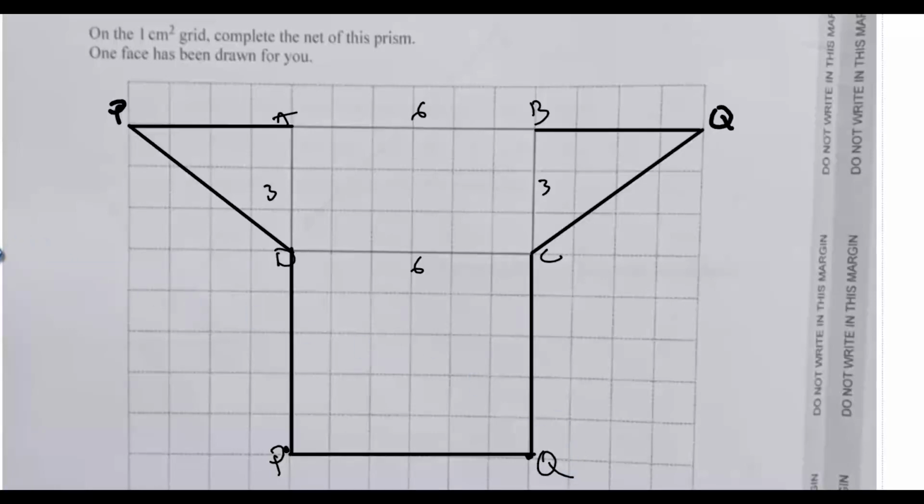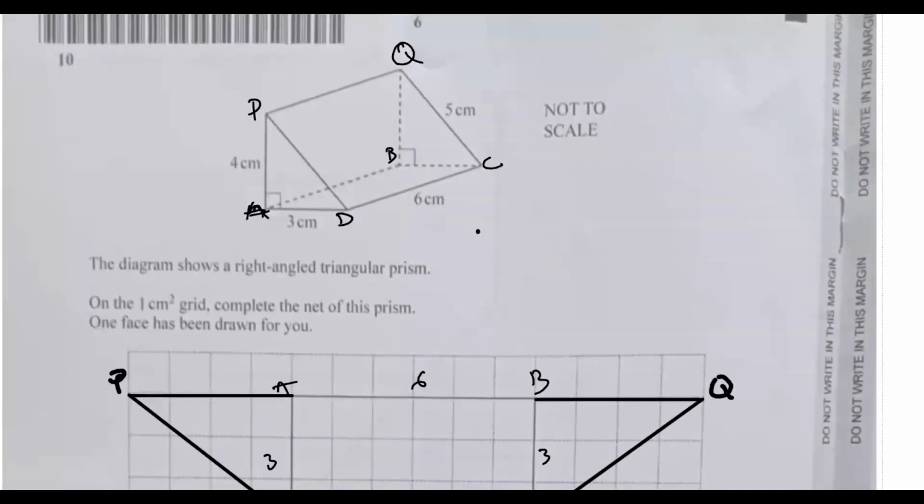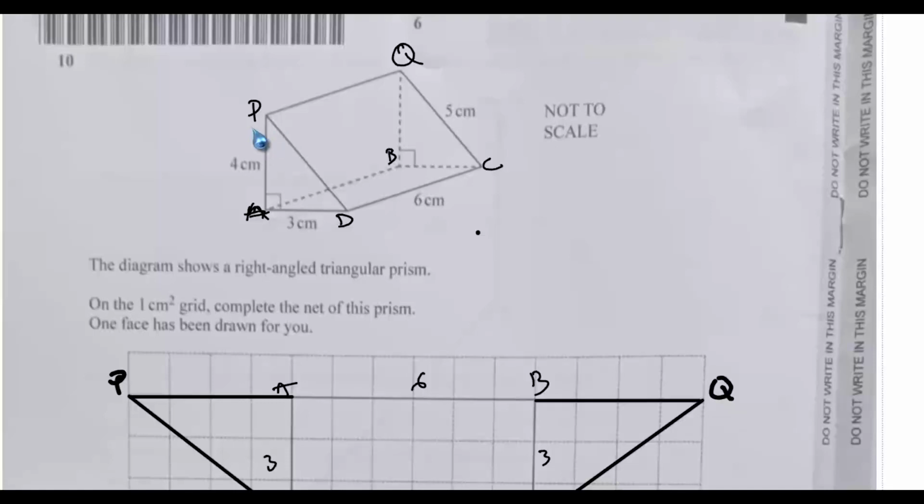Okay, so let's scroll up to see the last part we need to draw. The last part will be rectangle PABQ. Okay, this particular rectangle here, so it will come after the rectangle CDPQ. Okay, so what's the dimension? The length remains 6 centimeters and the breadth is 4 centimeters.